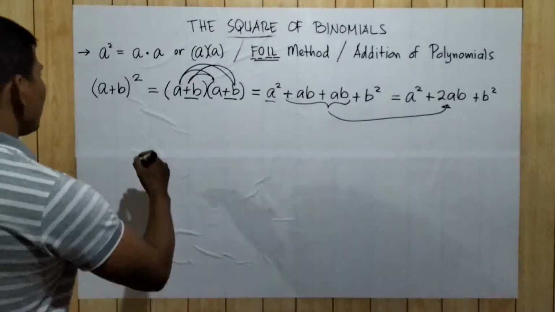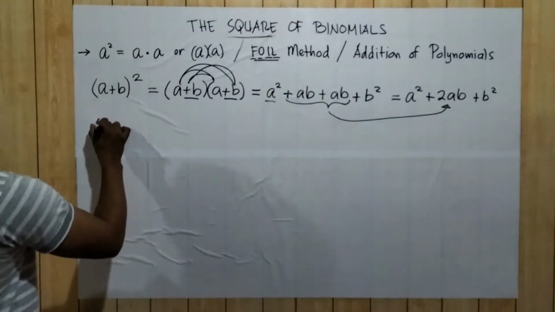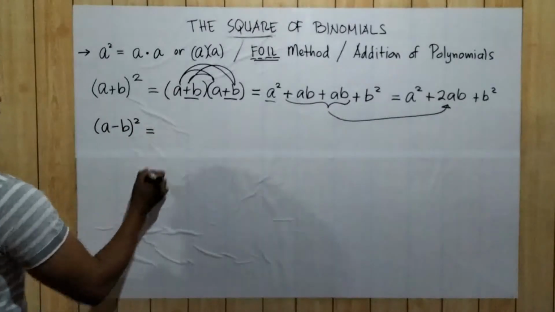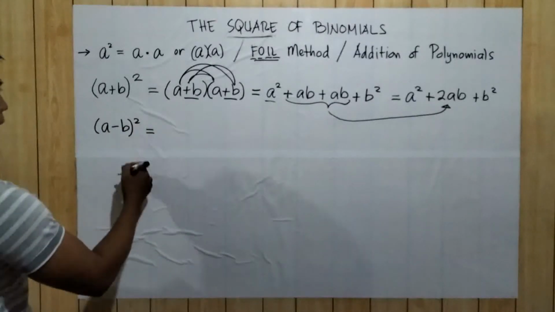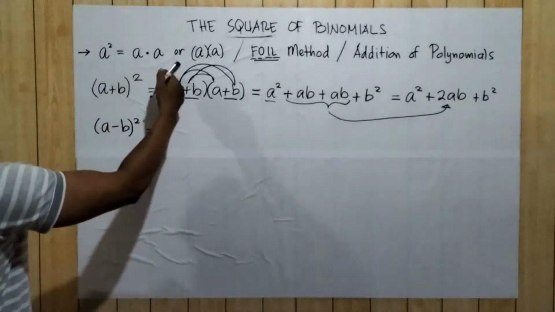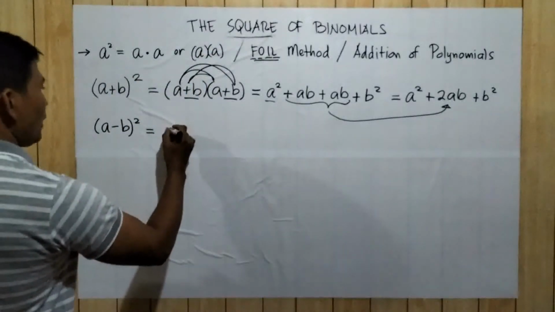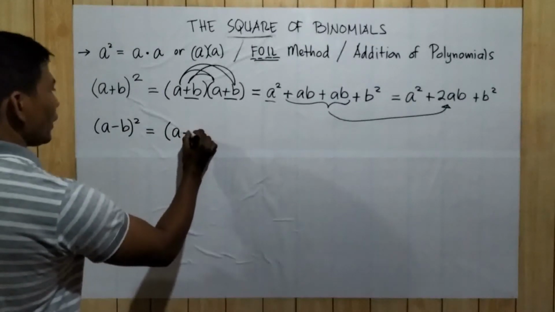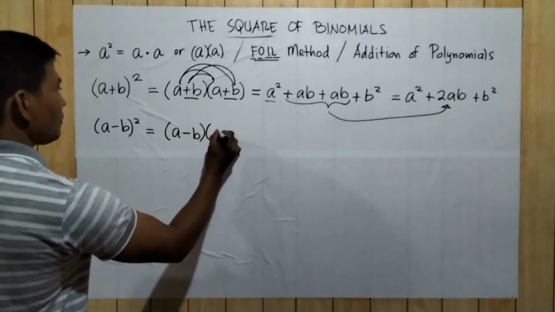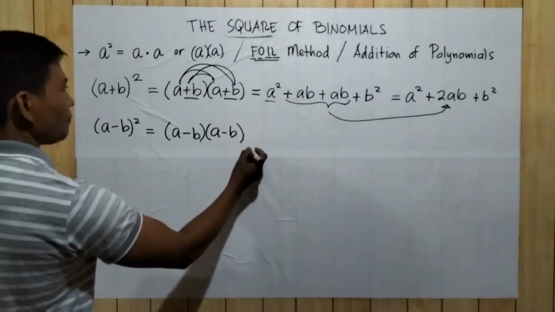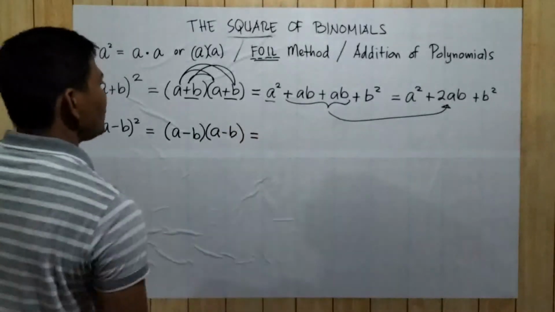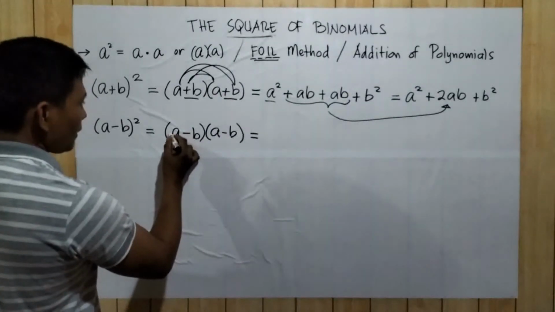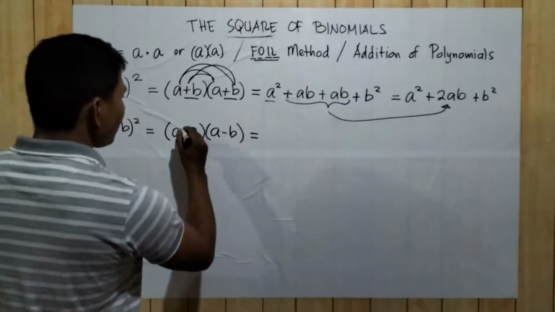Eh, paano naman po pag a minus b yan? Okay, a minus b naman po yan, mga friends. Ganun pa rin po, a minus b squared, using the analogy of a squared equals a times a, it follows that we have a minus b squared is equal to a minus b times a minus b pa rin. Okay, equals, again, FOIL method. Positive a times positive a.